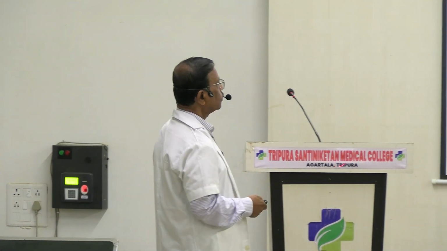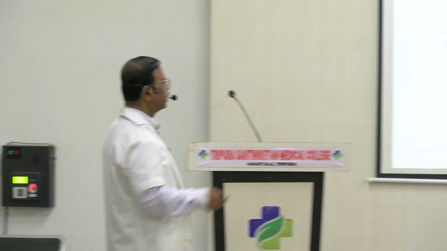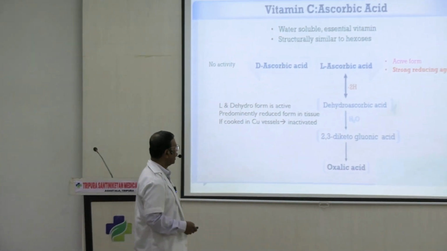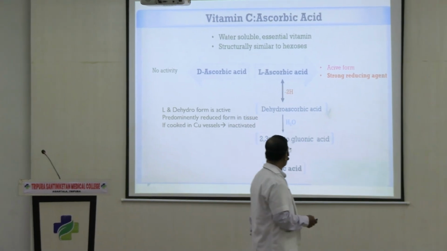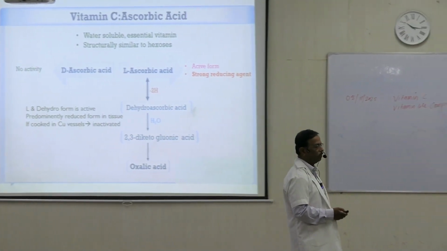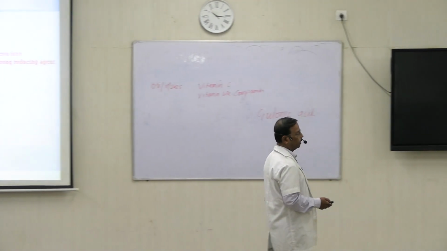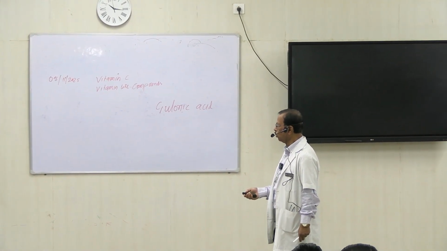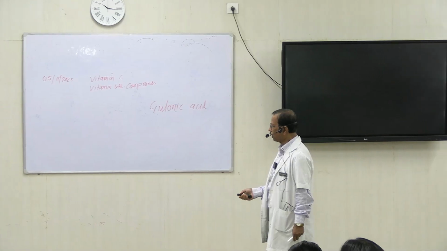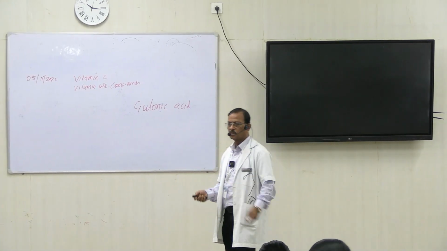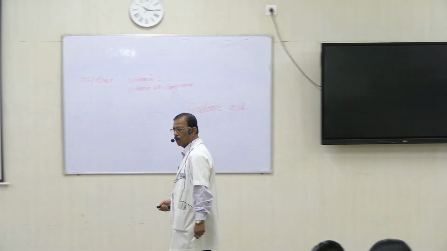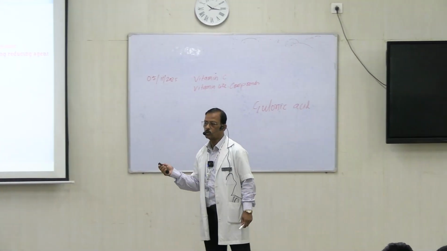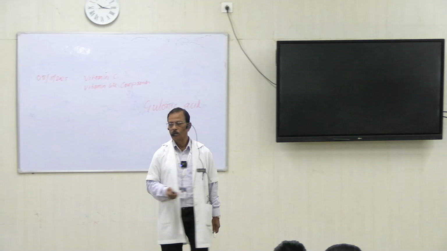Now, L-ascorbic acid is oxidized to dehydroascorbic acid. And further, the dehydroascorbic acid is hydrated to form 2,3-diketogulonic acid, and it is converted into oxalic acid. The majority of the ascorbic acid is excreted as oxalic acid and some amount as ascorbic acid itself.